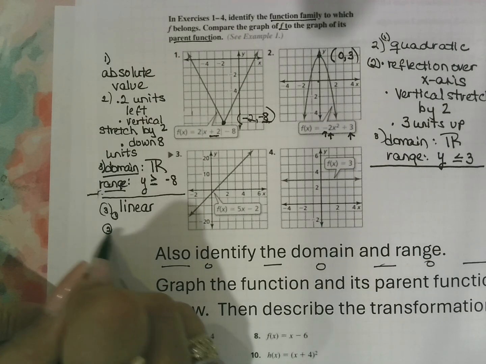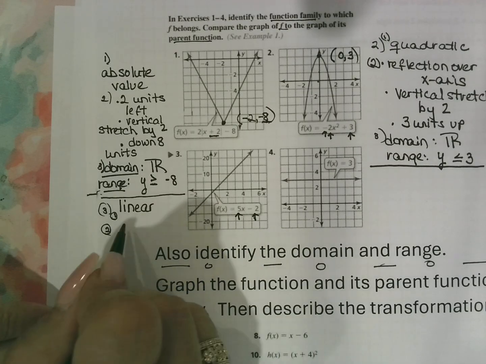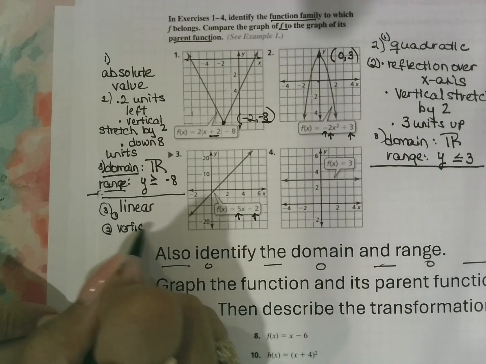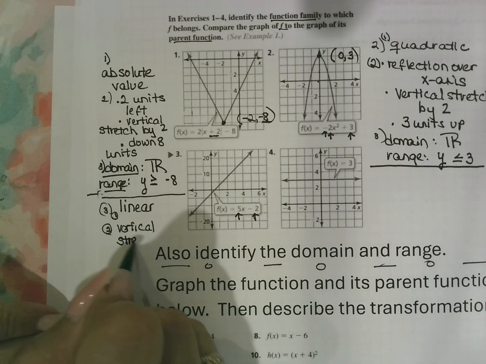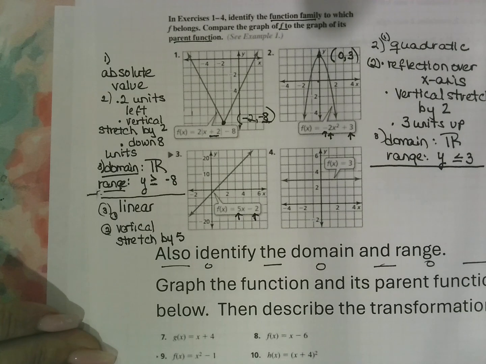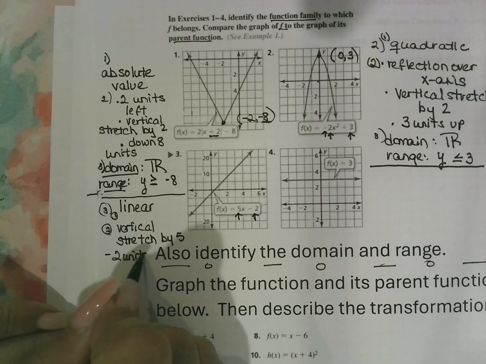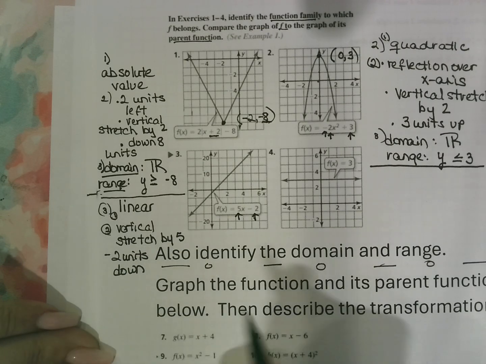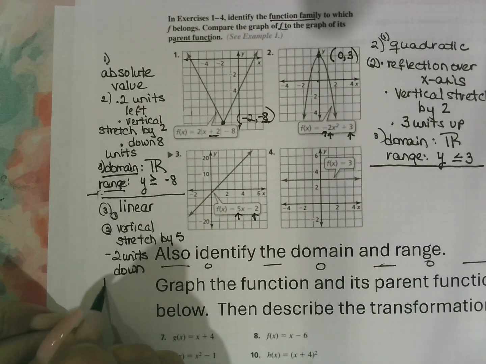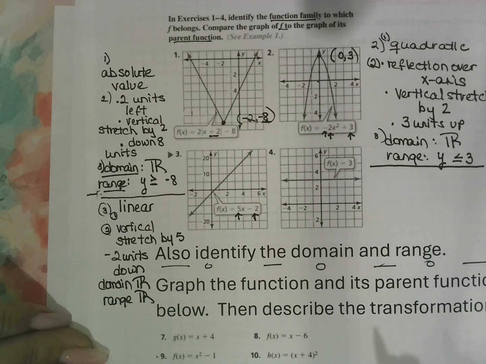The transformations are 2: there is a vertical stretch by 5 and 2 units down. Domain and range for linear functions, both of them will be all real numbers.